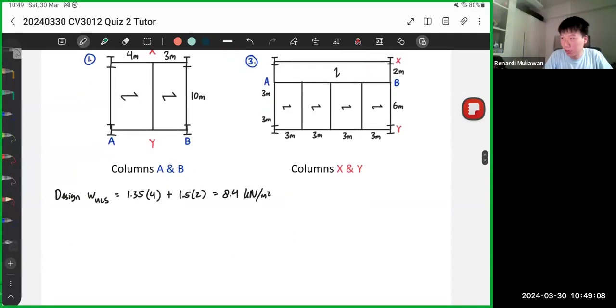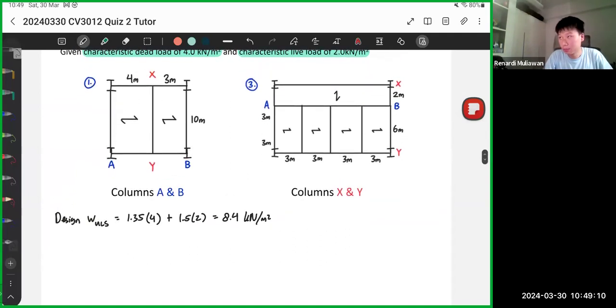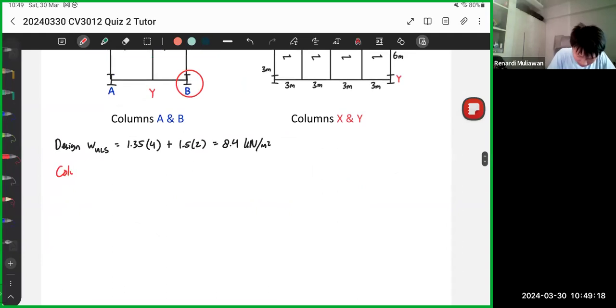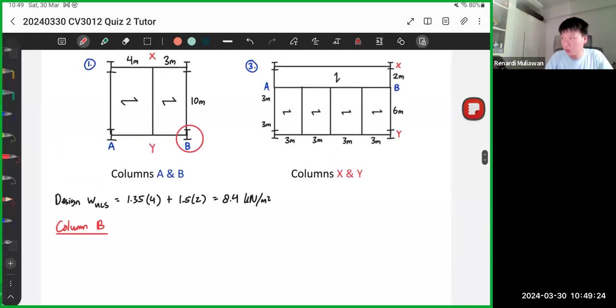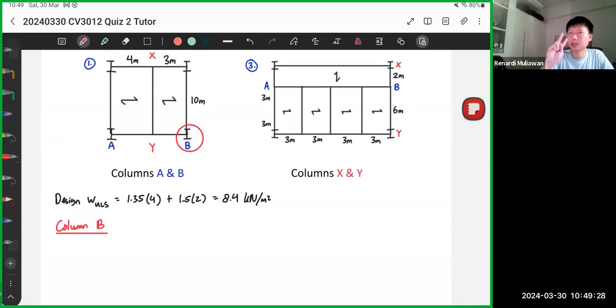So now let's say we are interested in column B. So this column here. So how do you find the loading on column B? Remember, we have two things that we need to find.